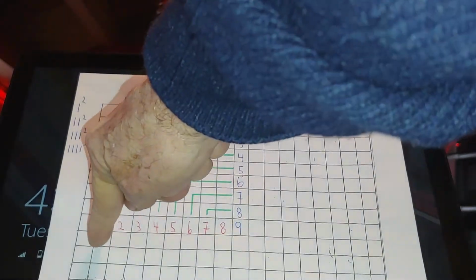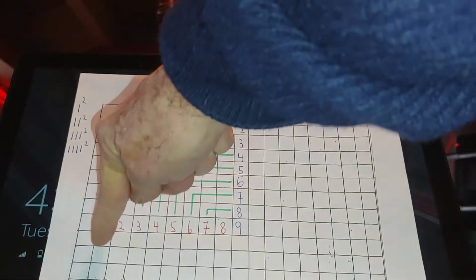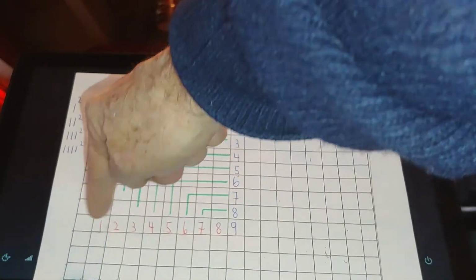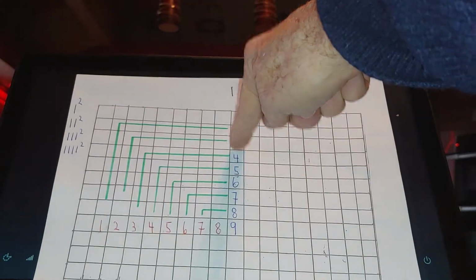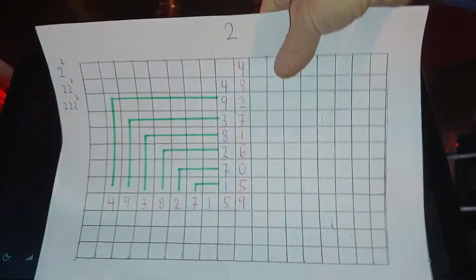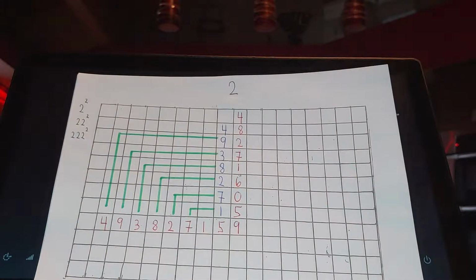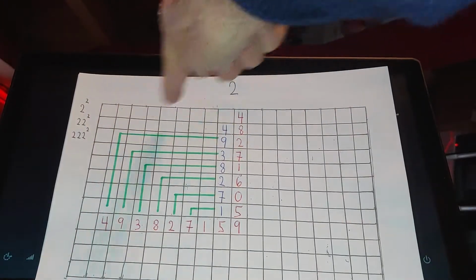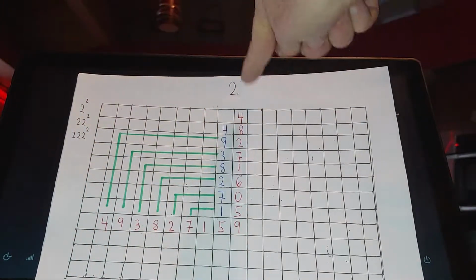1 squared is 1, 11 squared is 121, 111 squared is 12321. Okay, so we see how I designed that matrix, and it works like that. And for 2, it's going to work like that too. 2 squared is 4, 22 squared is 484.